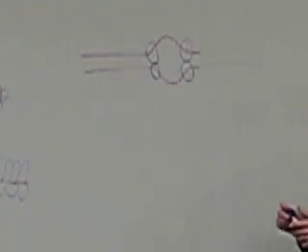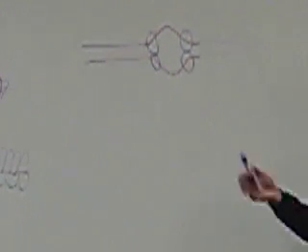Now, the big problem with DNA polymerase in both bacteria and eukaryotes relative to RNA polymerase is that it cannot just start laying down DNA on its own. It needs a primer. Okay. So for DNA synthesis, you need an enzyme called primase that will lay down a short RNA primer.